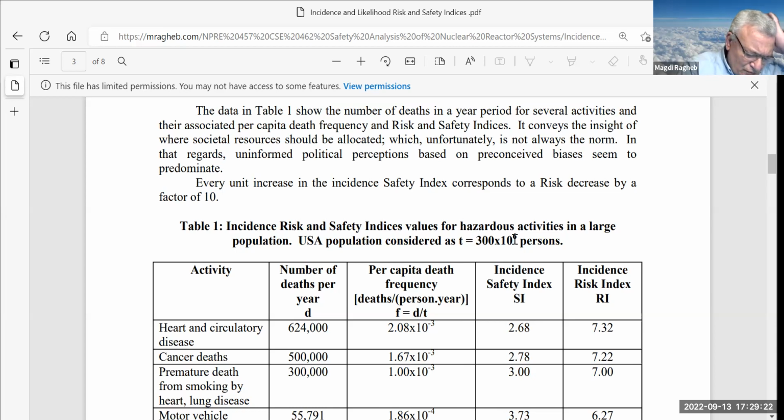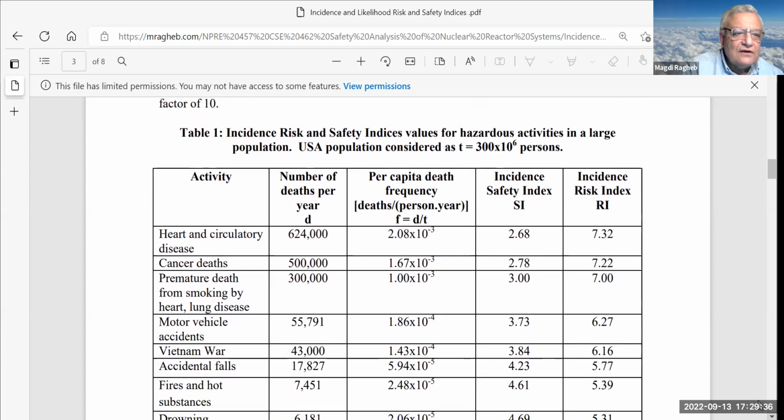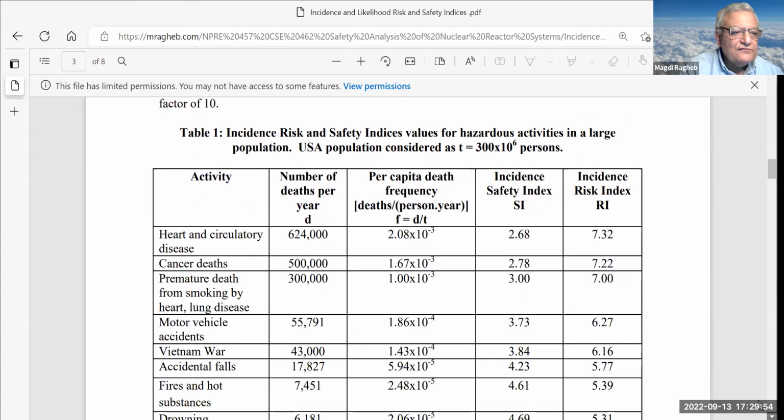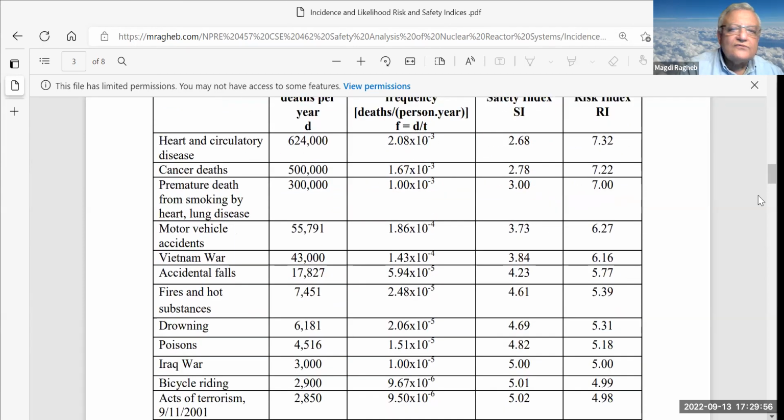Like the actual population is 320 maybe, but just to simplify the math, we take a population of 300 million persons, and let us apply this concept of risk and safety indices. Now, this is an incidence type of risk calculation, because we are applying it to a large population, the whole population of the United States. Let's look at different activities that can cause death per year.